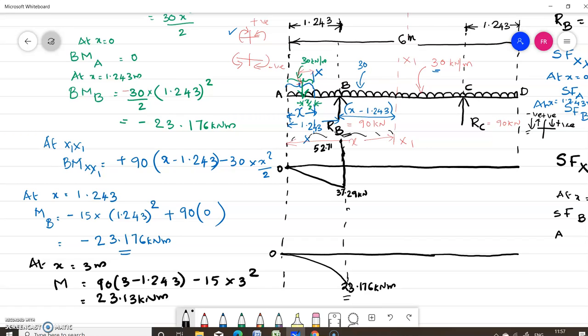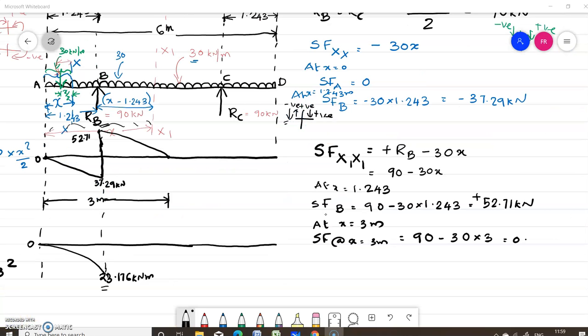So at x equal to 3 meter from A, you have got the bending moment as 23.13 kilonewton meter. So at x equal to 3 meter, you get the shear force as 0 by substituting in this equation, which means that the shear force diagram is like this.